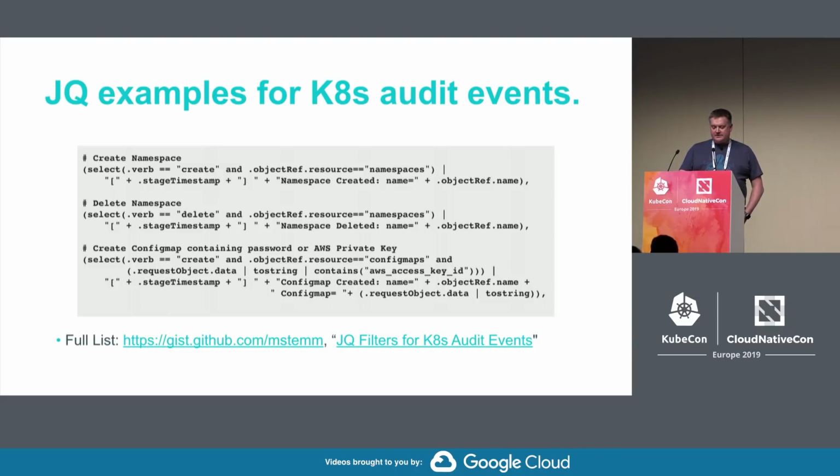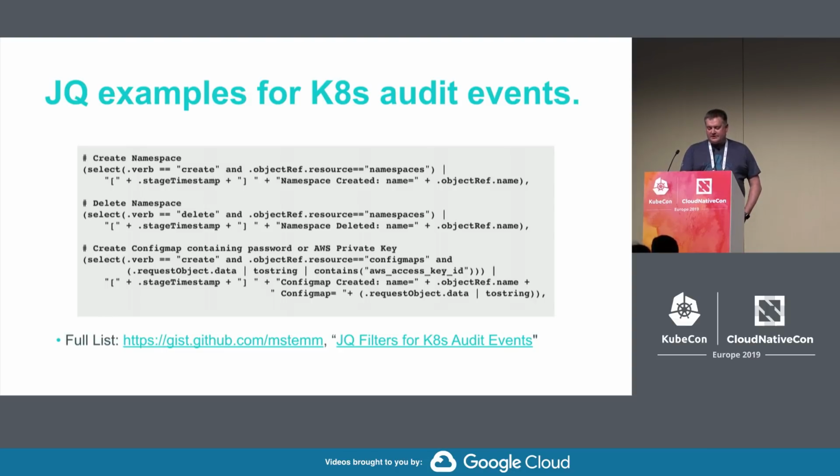And then, this is like a nested search, where object_ref.resource is namespaces. So somebody's doing a create, and they're doing it to a namespace. The namespace is the resource. When I do that, the string I want you to print out is the second line. So it's just a plain text string, but hey, take the timestamp, put some brackets around it so it looks a little bit more like a log, and then print out this string saying namespace was created, and then get object_ref.name out of it. Okay?